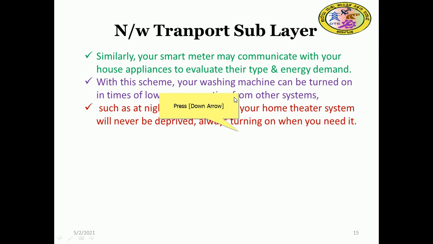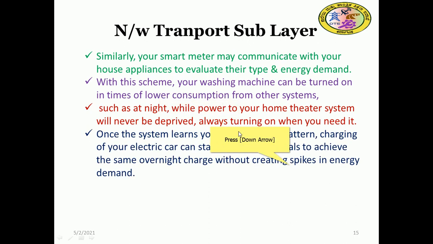Power for the home theater system will never be deprived, always turning on when you need it. Once the system learns your consumption pattern, charging of your electric car can start and stop at intervals to achieve the same overnight charge without creating power fluctuation in energy demand.